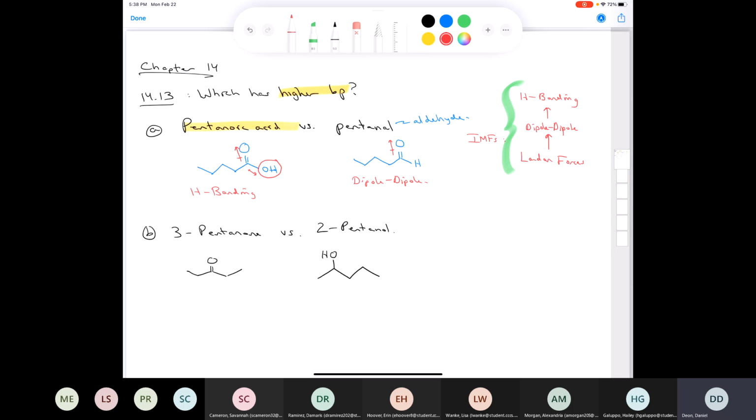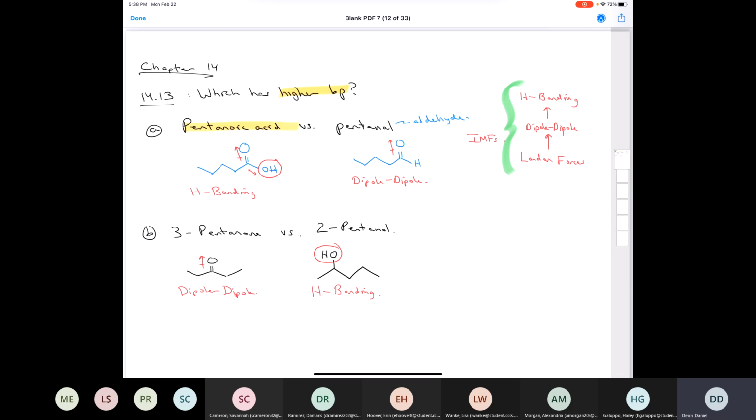Because pentanol has an oxygen-hydrogen bond, and so it has the capability of hydrogen bonding. If you look at 3-pentanone, yes, there's a permanent dipole because there's a big enough difference in electronegativity between carbon and oxygen, but a dipole-dipole force just isn't as strong as hydrogen bonding. And so therefore, the one with the higher boiling point is going to be the alcohol, 2-pentanol.